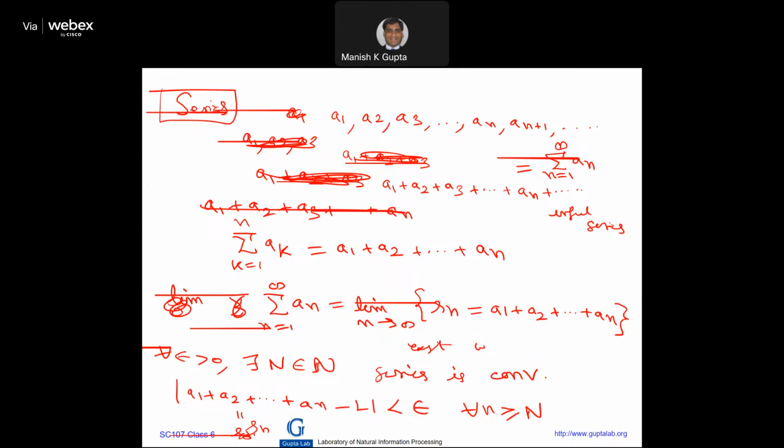So the question is, I need to talk about a few examples of series. So sigma 1 by n, is this convergent or divergent? Divergent. So 1 plus 1 by 2 plus 1 by 3 plus dot dot dot. The beautiful problem is, how do you show using the epsilon N method that this series is divergent?